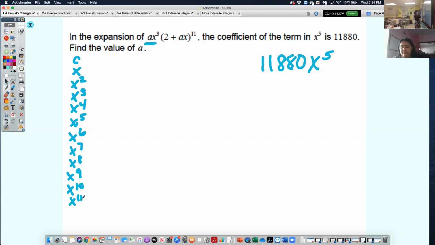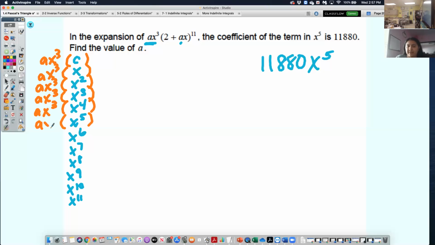Now remember, this is just this part of the expansion. I'm trying to figure out that when I multiply these by ax to the 3rd, which one is actually going to give me x to the 5th? If you see it, let me know so I can stop. When I multiply each one of these by an ax to the 3rd, which one's going to give me an x to the 5th?